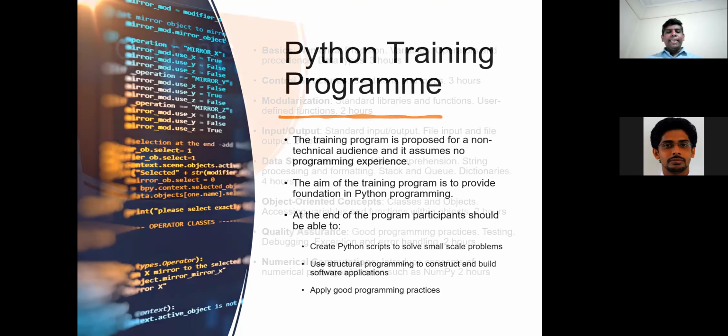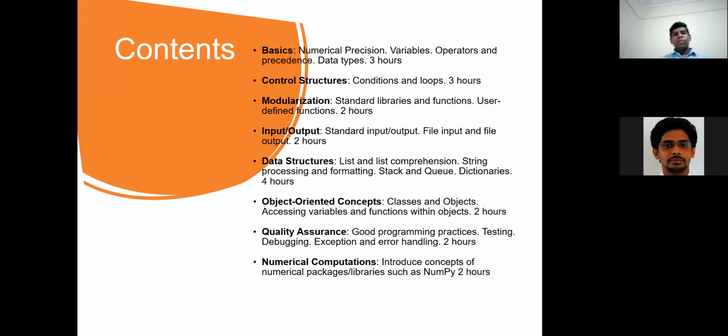The basic content is like this. We will first look at the basics. Today and on Friday, we will cover the Python basics. For example, we will talk about how variables are handled in Python, as well as what data types we will use in Python.